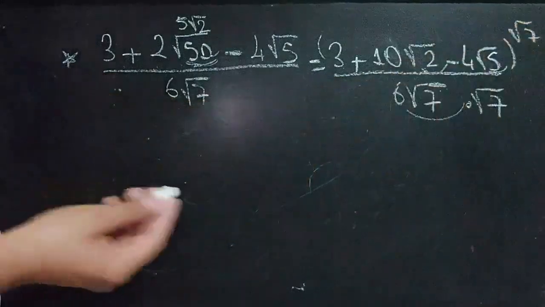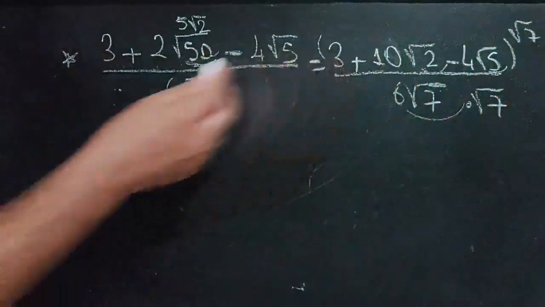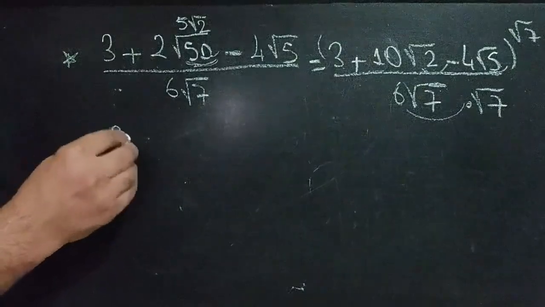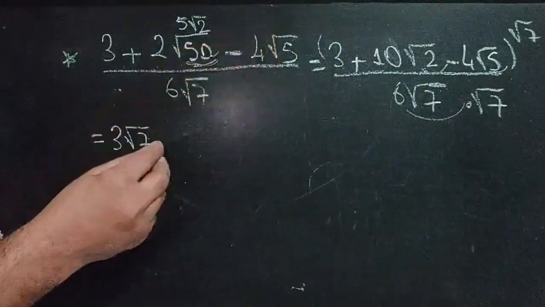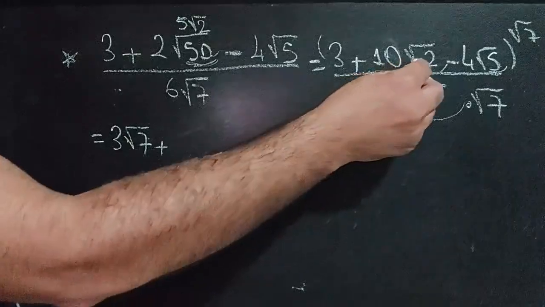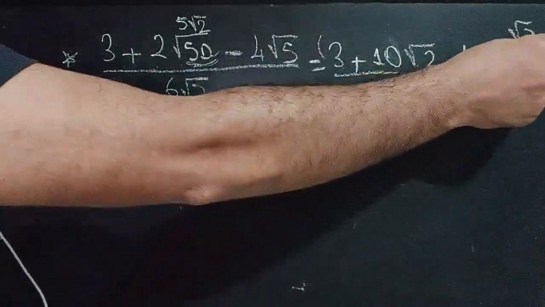That will be square root 7. So square root 7 times 3, which is going to be 3 square root 7, plus 10 times square root 2 times square root 7.